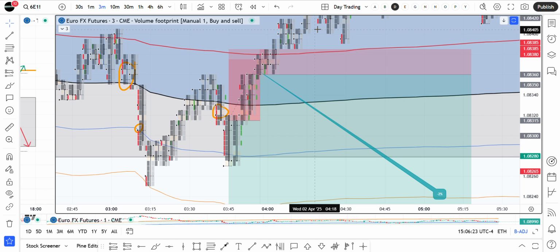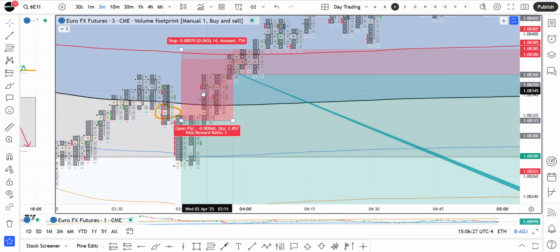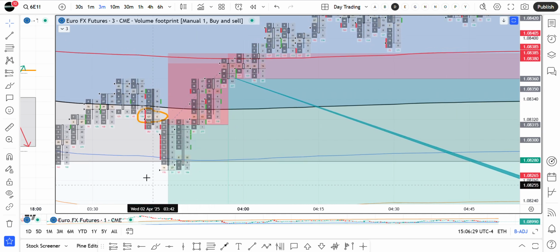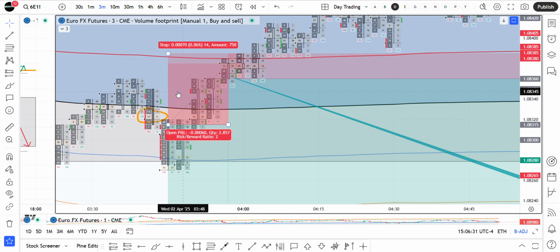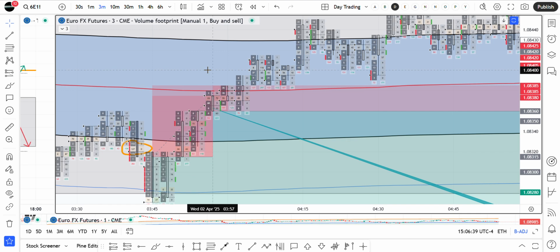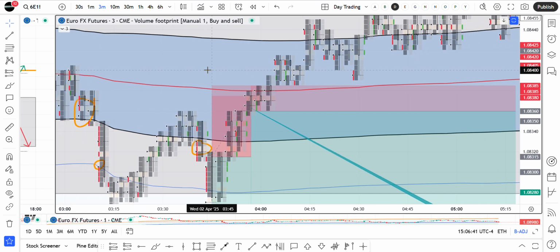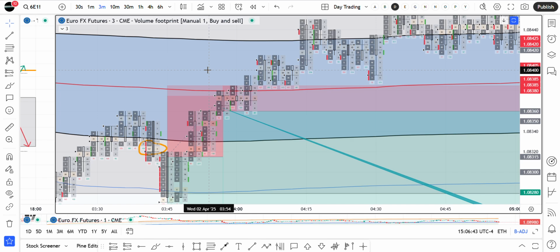So I could have saved 0.7% just by not adding, and then I should have taken this position out halfway to the stop. That should have saved me another 0.6, so it should have been about 1.3% saved there.